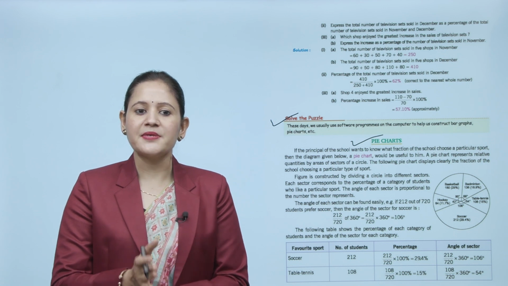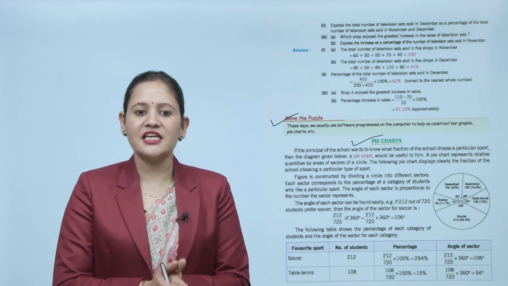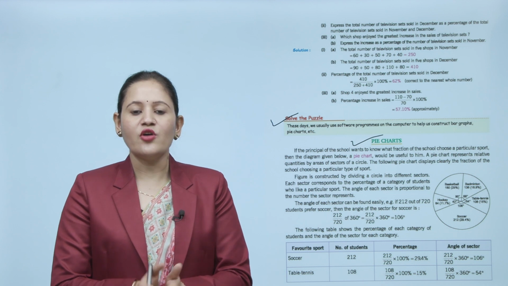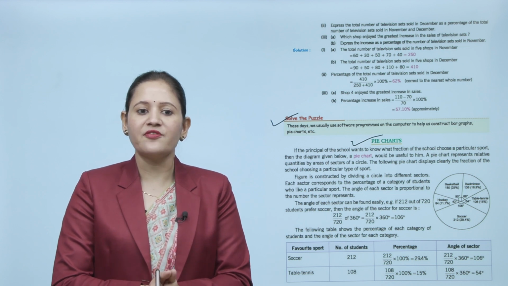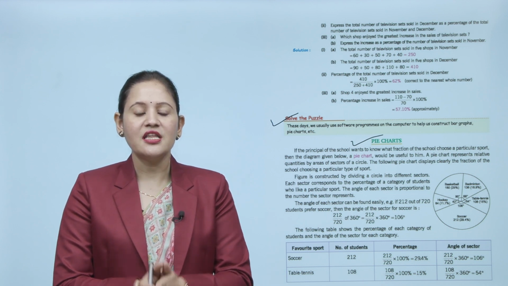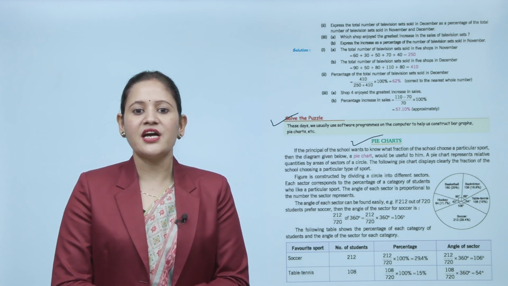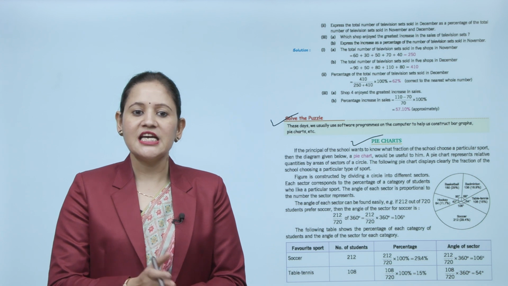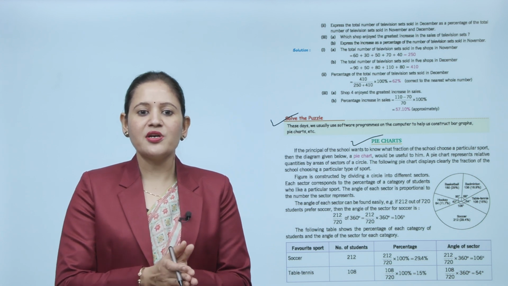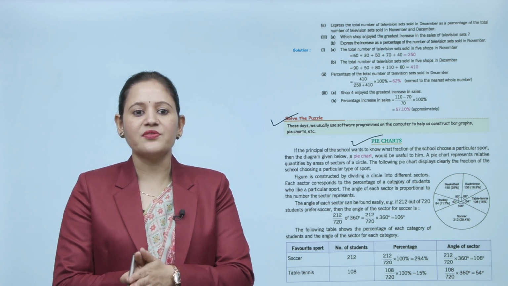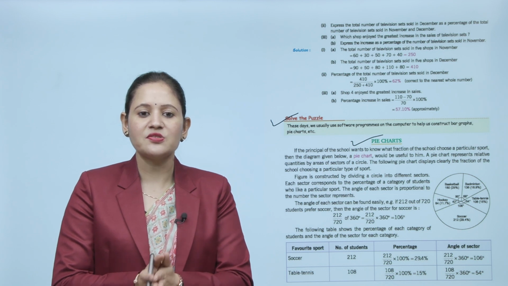The pie chart represents relative quantities by areas of the sectors of the circle. The following pie chart displays clearly the fraction of the school choosing the particular type of sports. The figure is constructed by dividing the circle into different sectors, each sector corresponding to the percentage of the category of students who like the particular sport.